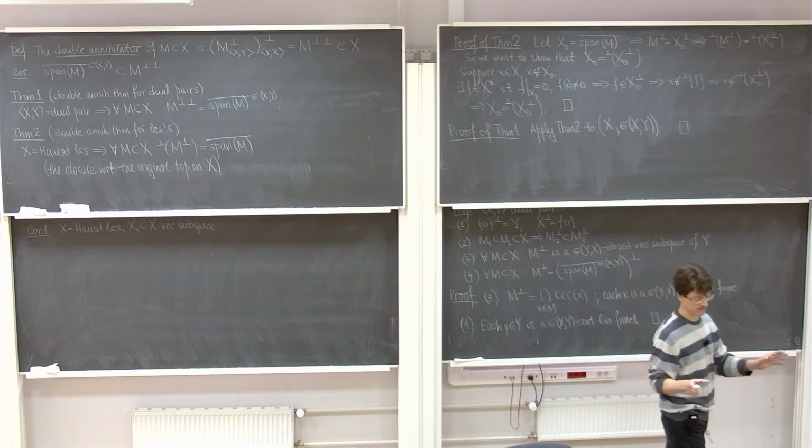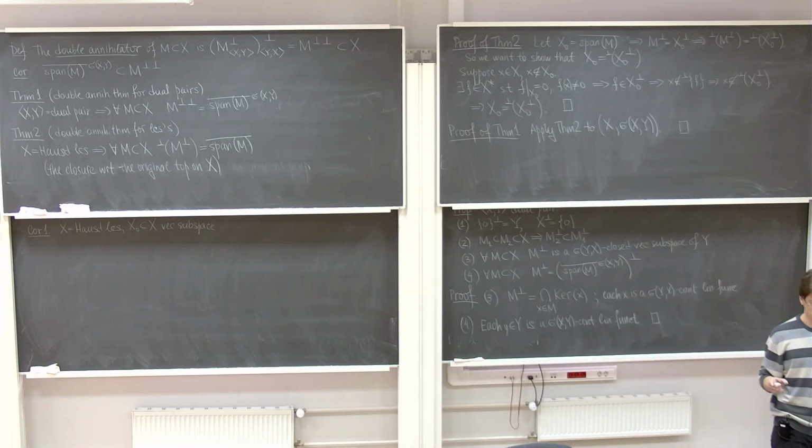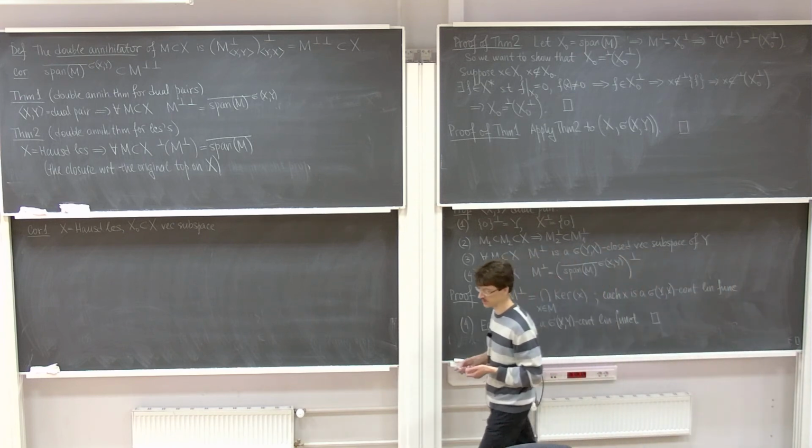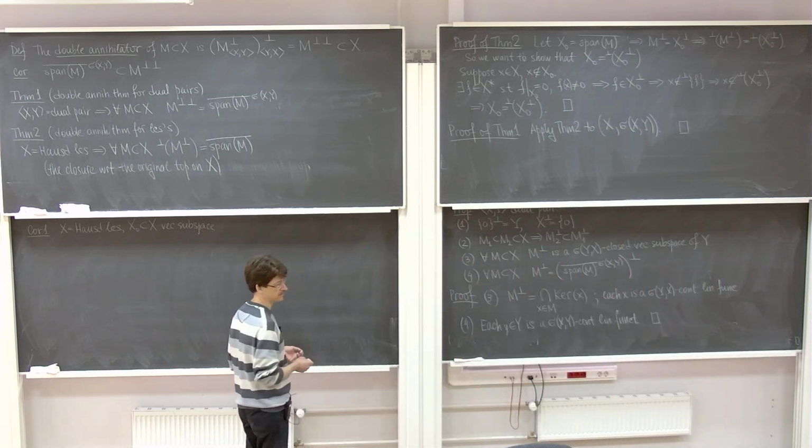If I have a dual pair X and Y, and equip X with the weak topology, then X is Hausdorff because the generating family of seminorms separates the points. If we have a non-zero vector in X, then we can always find an element in Y which doesn't vanish at X. And this means that the respective seminorm doesn't vanish on this vector. But this is equivalent to the property that X is Hausdorff. So the weak topology of the dual pair is always Hausdorff. And so theorem 1 follows from theorem 2.